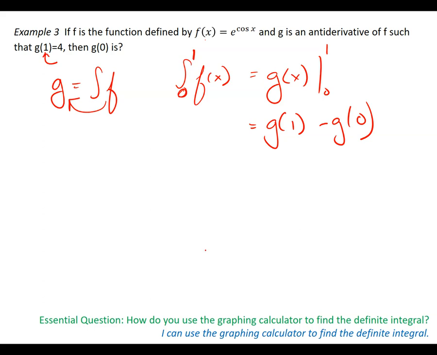But I know a little bit more. Oh, they gave me a function. Could I put this into my calculator?